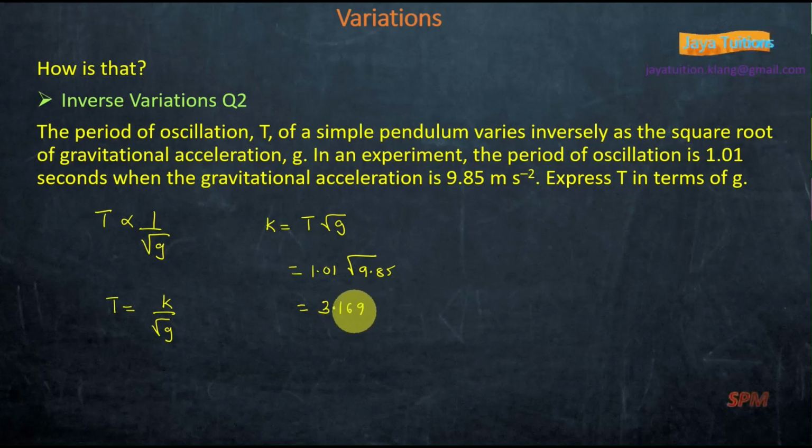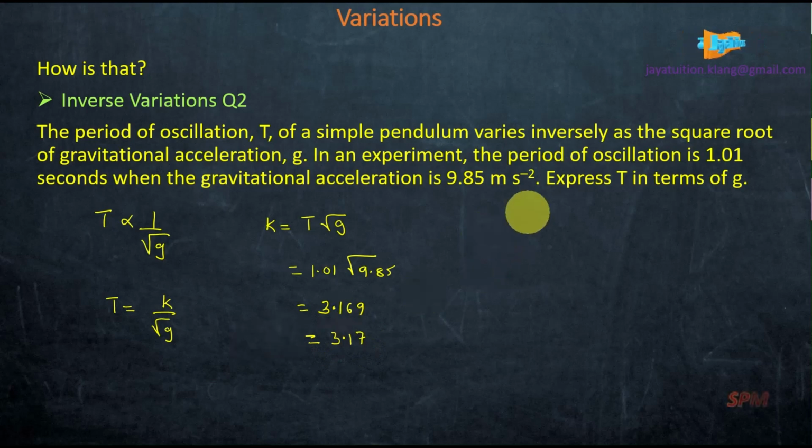You can round it up because your values are given only up to two decimals, three significant figures. This is also three significant figures. So you have to round this up, drop the 9. This becomes equal to 3.17.